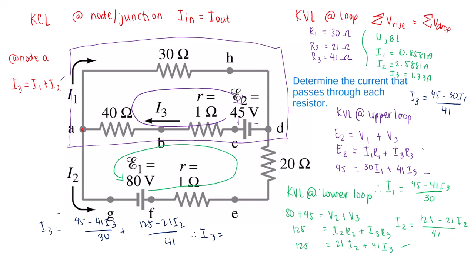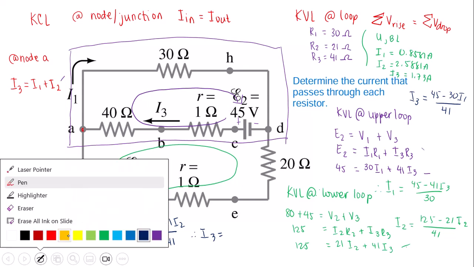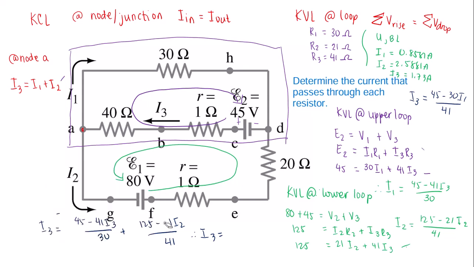So we'll have here, so if this is our, sorry, this is baliktad, sorry. This should be 41 over 21. So this is 41, 21.